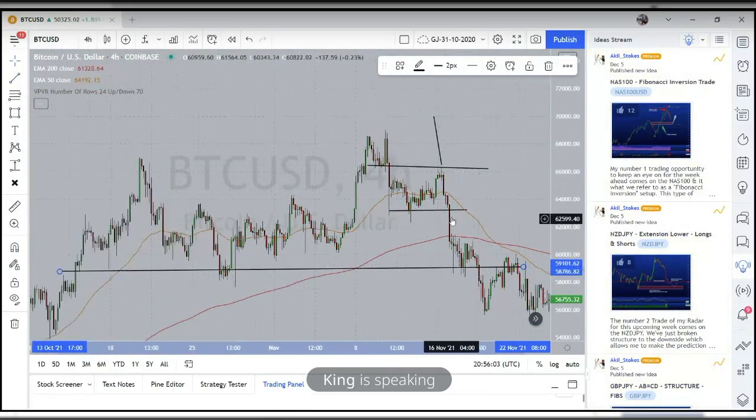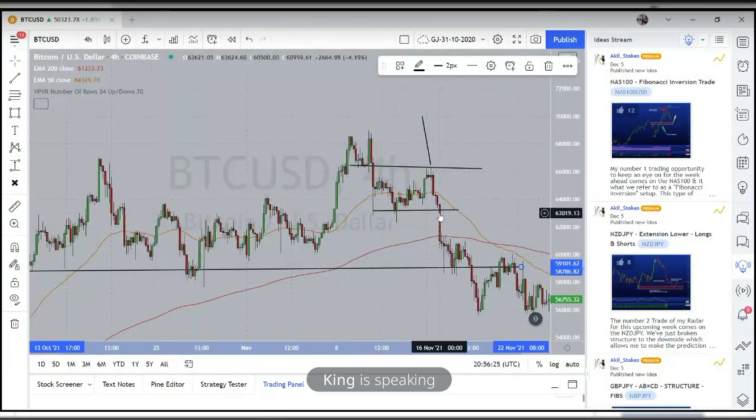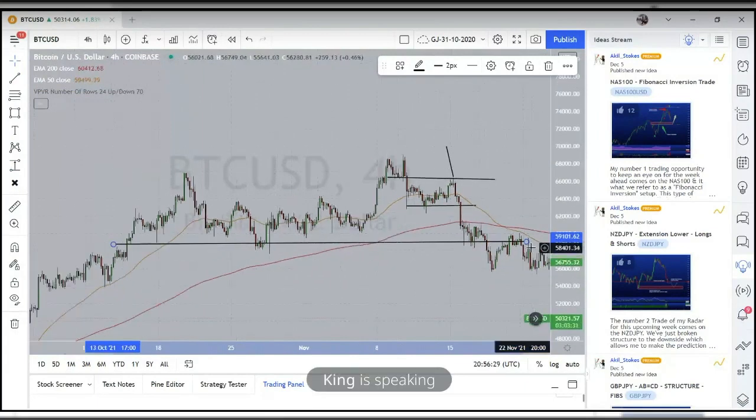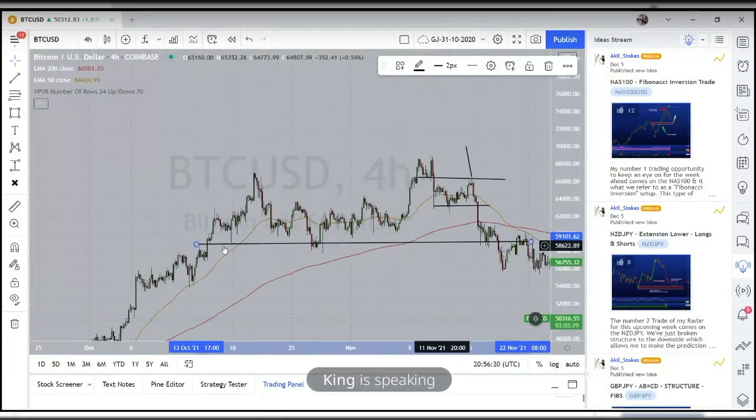I could just jump in somewhere in this 4 hour on the break of this 63K level, and play my risk, maybe 3 to 5%, and then just try and play this trade. Once this then breaks this level here, then you can start looking at further downside.